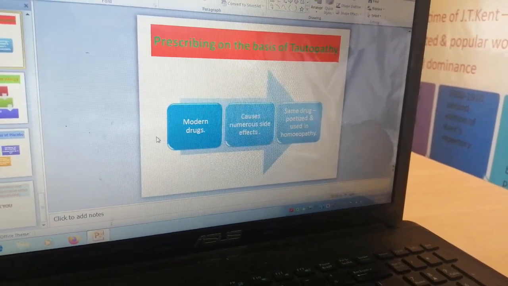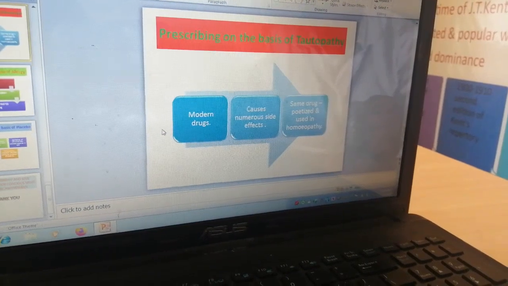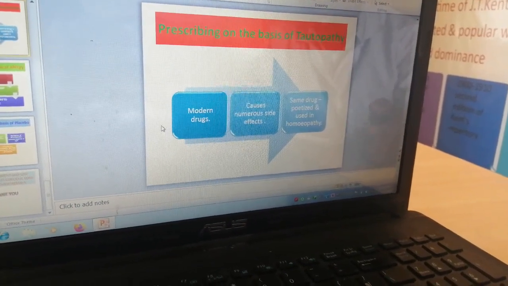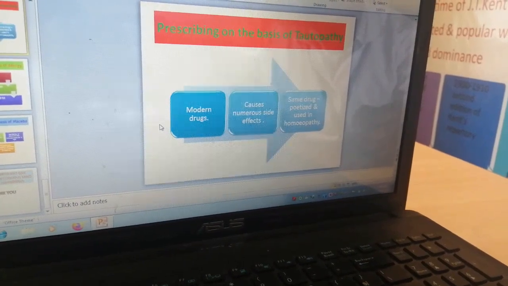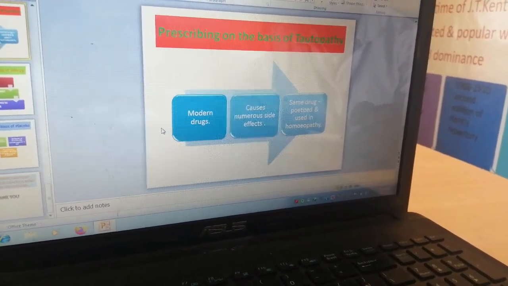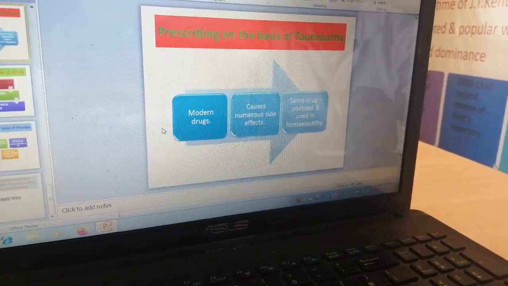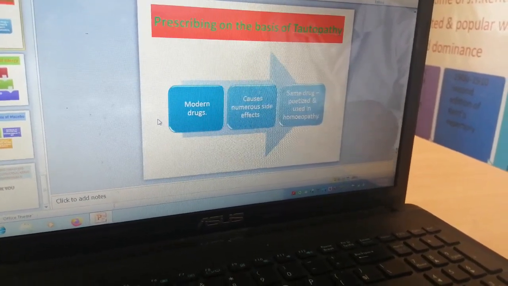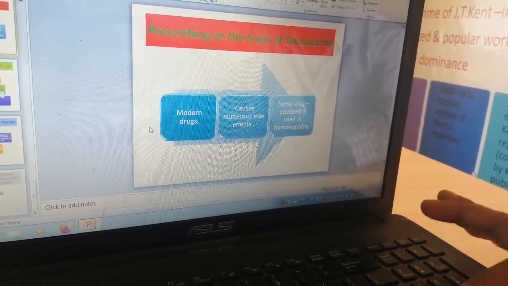Now the same drug which has caused the side effect is taken and potentized according to the homeopathic principle, and that is administered to the patient who has been harmed by the same drug in crude form. This is the patopathic mode of prescription.